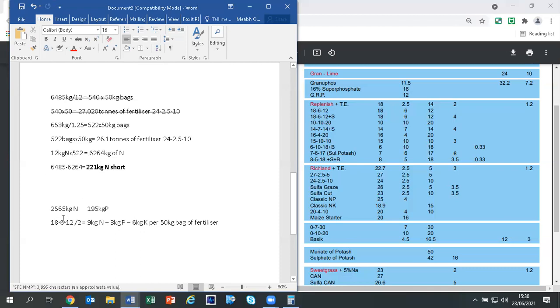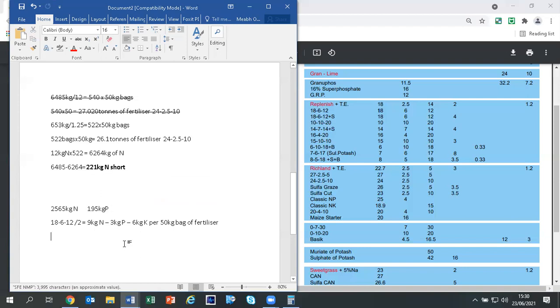There's 3 times more nitrogen than phosphorus in this fertilizer, but the ratio that we are looking for in our requirements is over 10:1. There's over 10 times more nitrogen needed than phosphorus. So that means that if we spread a lot of 18, 6, 12, we will exceed our phosphorus requirement first.